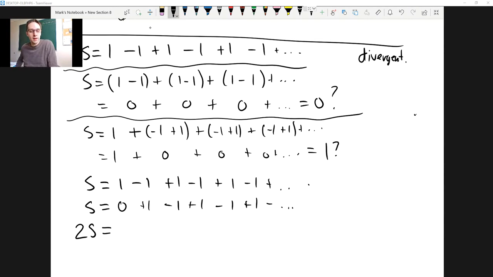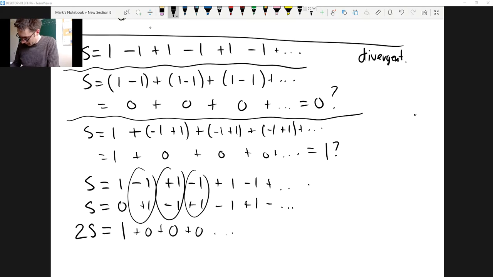And now we'll add these infinite series, 1, minus 1, and so on. And notice, we'll add the first two, we'll get 1. And then we'll add the next two, minus 1 plus 1. And so those are going to add up to 0. And then the next one will add up to 0, and the next one will add up to 0. And that'll go on forever. And so what we've got is, well, just 1. And if 2s is equal to 1, then what is s equal to?